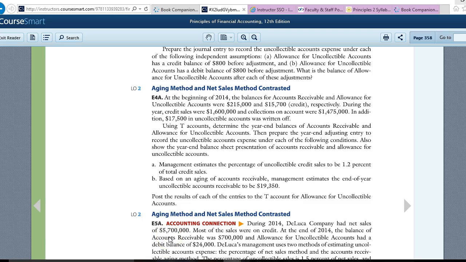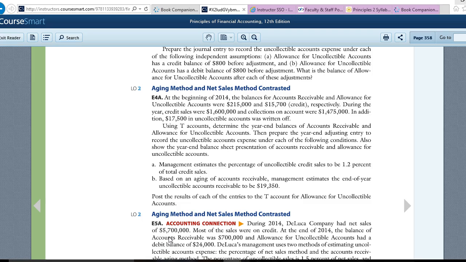During the year, credit sales were $1,600,000 and collections on accounts were $1,475,000. In addition, $17,500 in uncollectible accounts was written off.